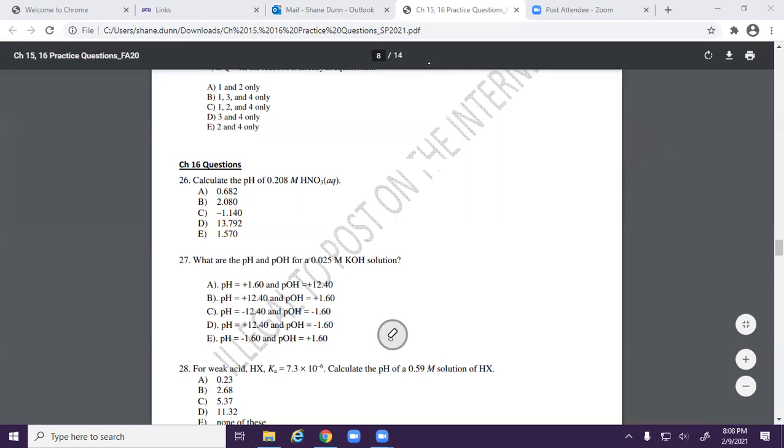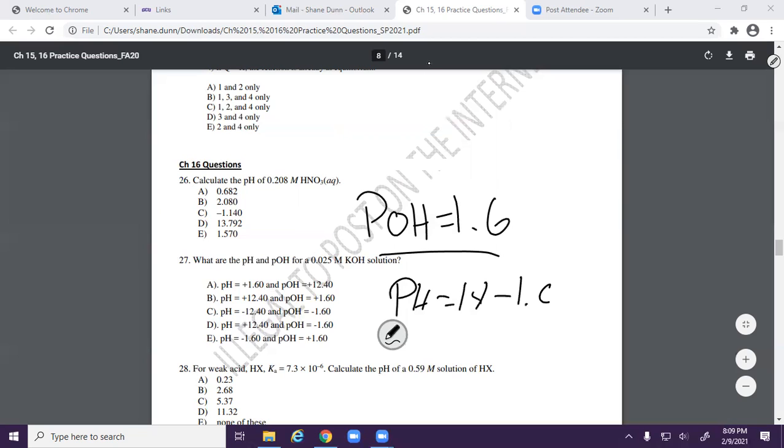It goes up to 14 in undergraduate, correct? So if your pOH was 1.6, that's a very, very strong base. You have to figure out how it works in the opposite scale. So for pH it would be 14, which is the max, minus that to get 12.4. Does that kind of make sense?